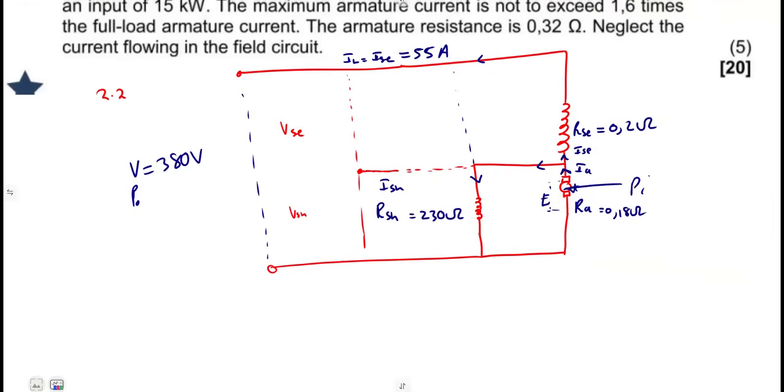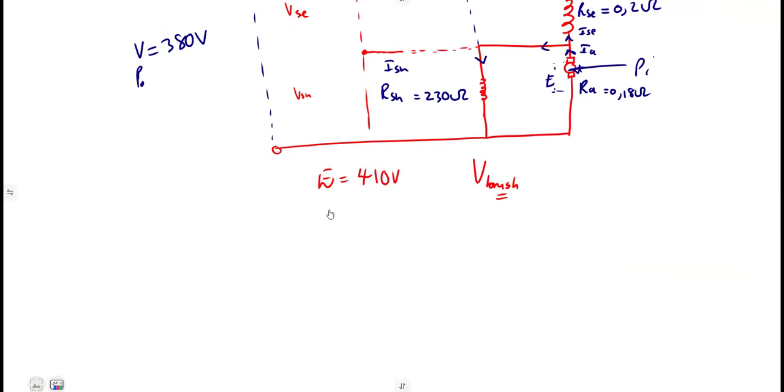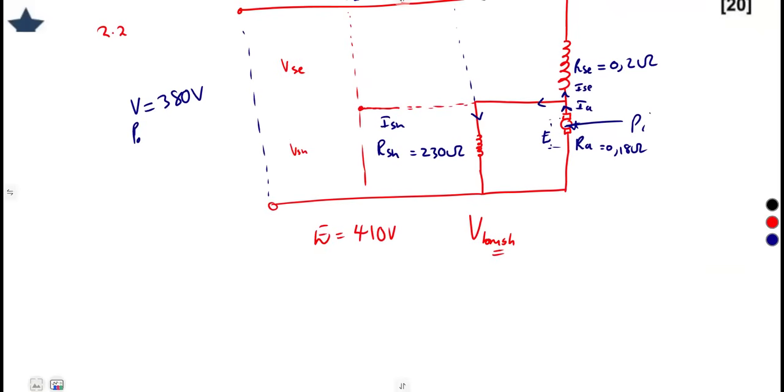So the magnitude of the generated EMF is what? 410 volts. Calculate the drop of what? The brush voltage drop, which is the brush contact. All right. So remember the EMF, as you are to consider our generated EMF, we are dealing with a battery, so where you add.